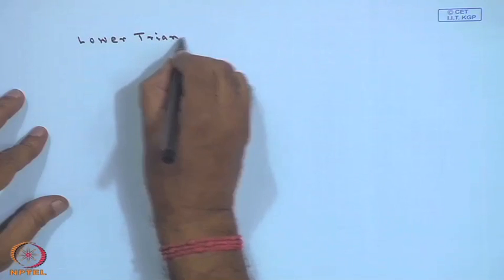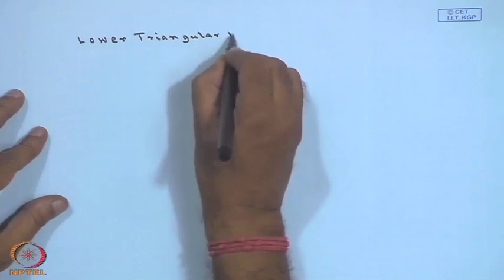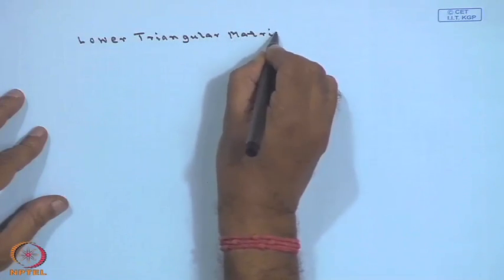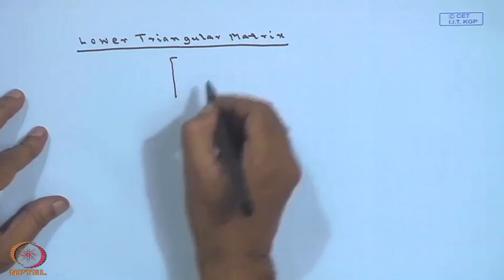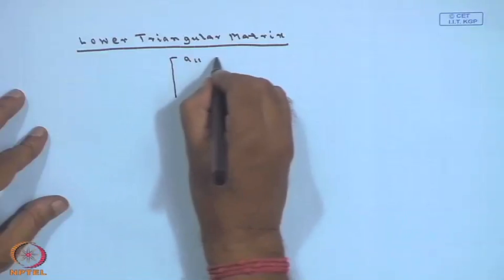The lower triangular matrix can be defined like this. I am directly giving one example, it will be clear to you, I think.